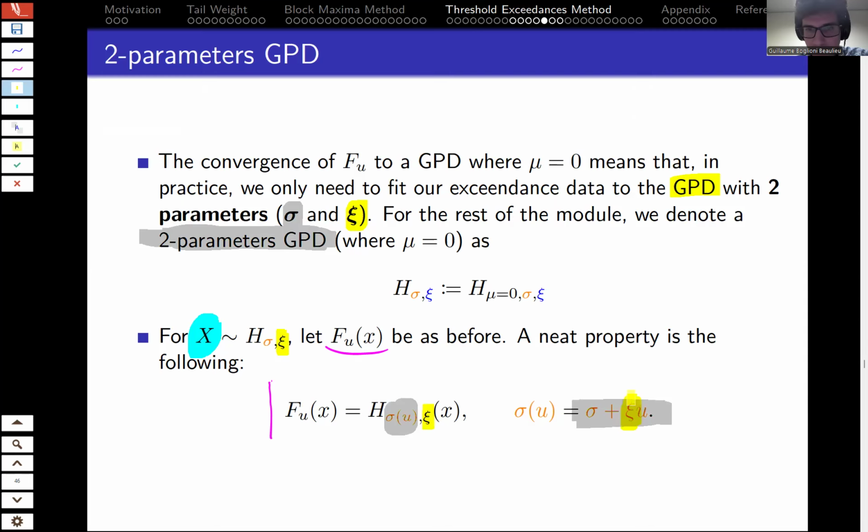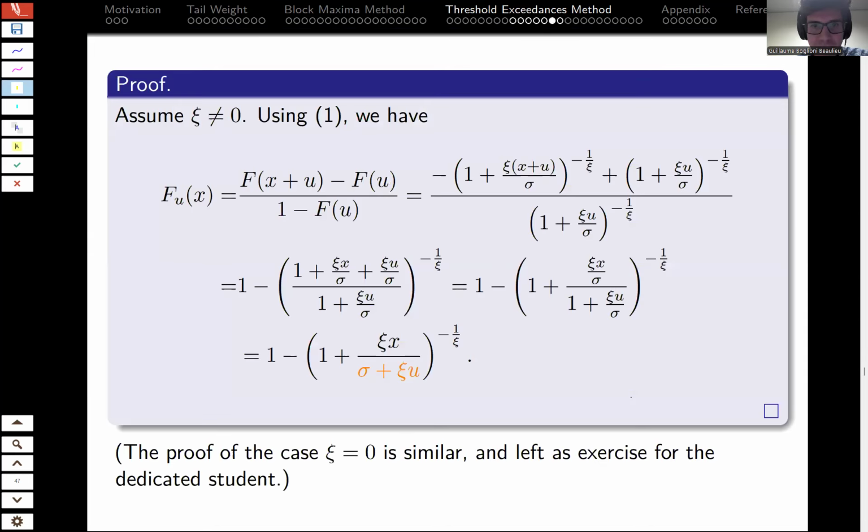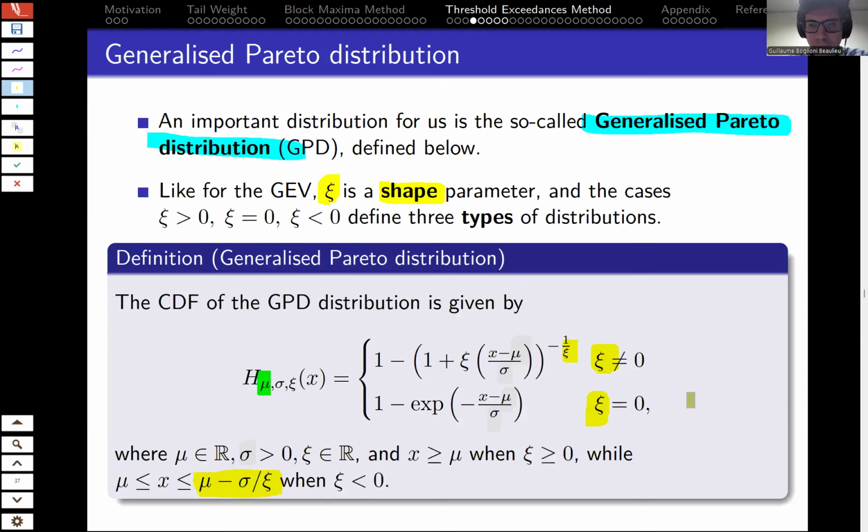Now the proof of this is here. It's not an especially hard proof, but still, let's review it. Now we do the proof for the case Xi is not 0. Yes, we need kind of 2 proofs, because remember that in the proof we're going to use the specific expression for the CDF, and the expression for the CDF is different in the case of Xi equals 0.